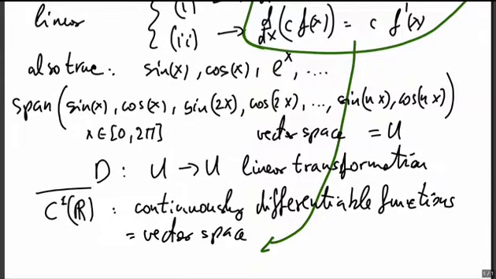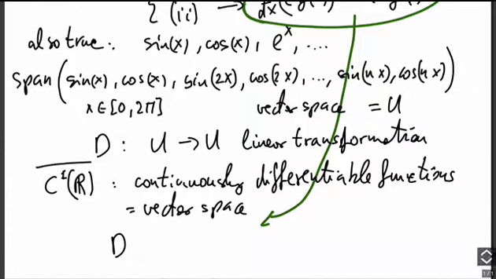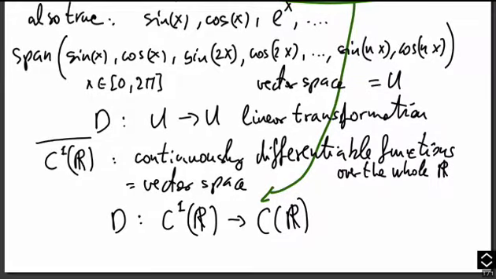So we know that it's a vector space, but we know also more than that. We know that the derivative goes from differentiable functions over the whole real line into, well, after differentiation, what you know is that you get continuous functions at least over the whole line.